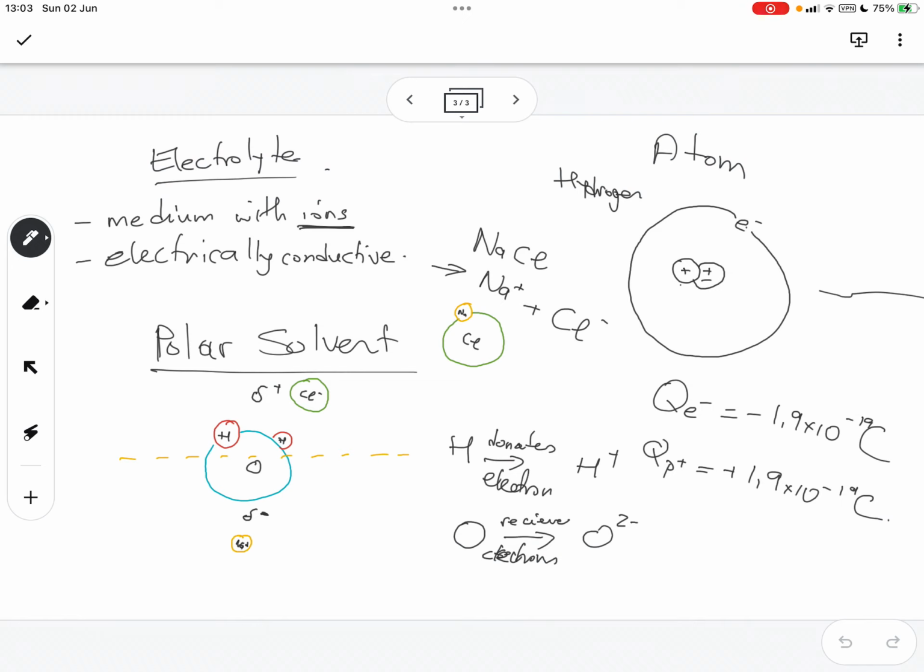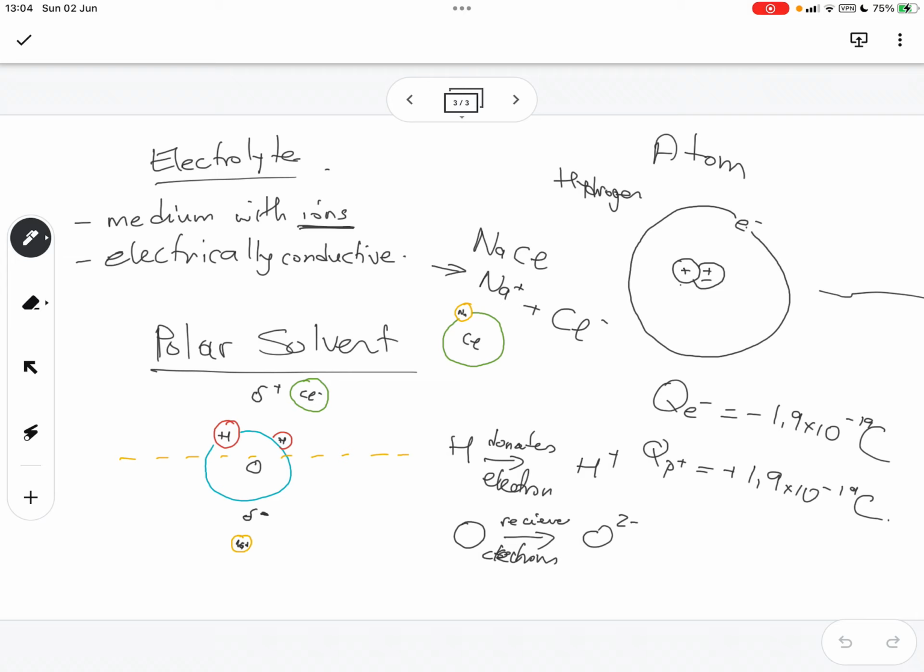Yeah. Ne? So the chlorine would be gravitating to the positive pole of the water molecule, and the sodium would be closer to the negative pole of the polar solvent. Polar solvent. So polarity. What's geography?